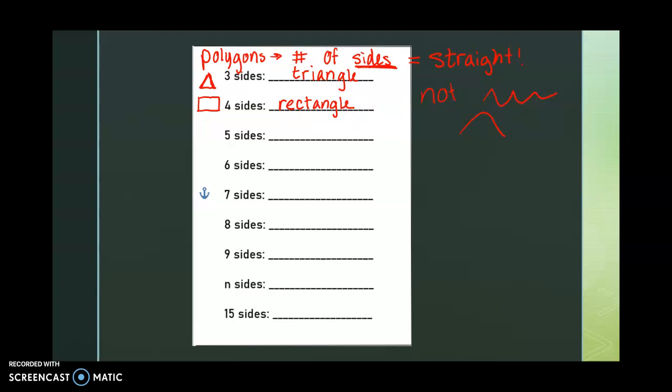Now I'm going to skip down to this 8 sides one. I'll try my best to draw a good picture here, but I know especially all you drivers are familiar with this one. That's my really bad looking stop sign. And that is an octagon.